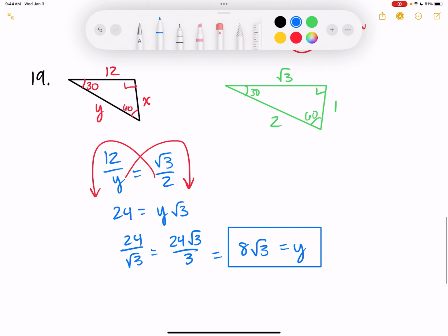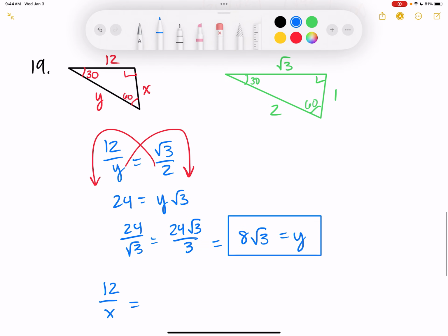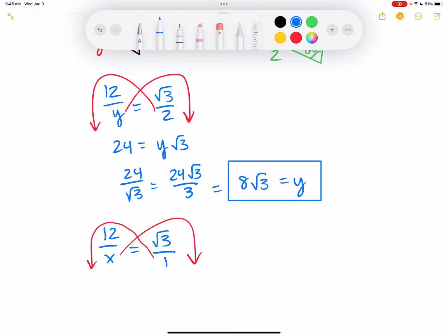Then x, we've got 12 over x is equal to square root of 3 over 1. Which obviously I don't really need the 1. So that's going to be 12 equals x square root of 3.